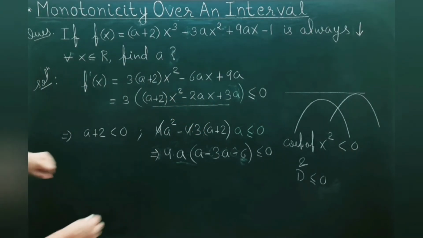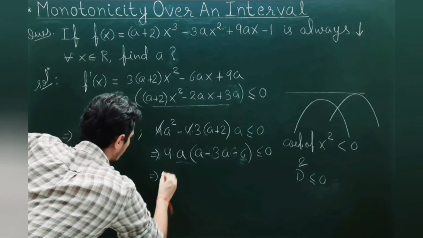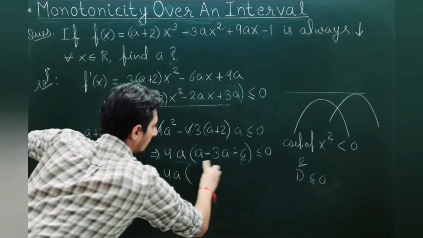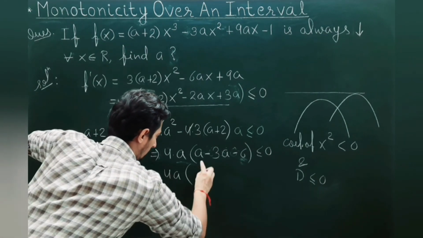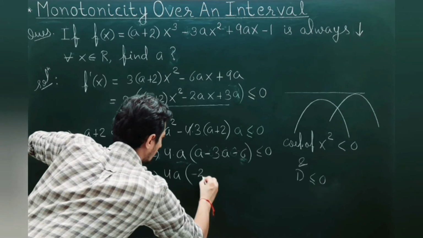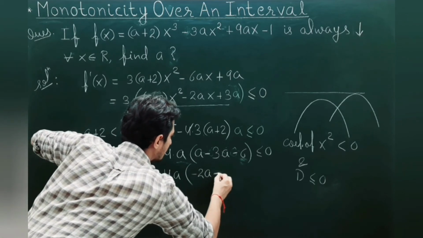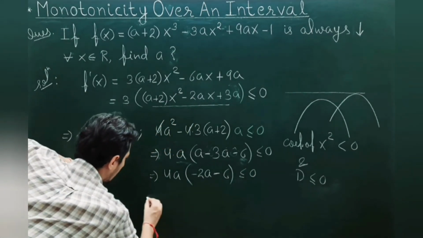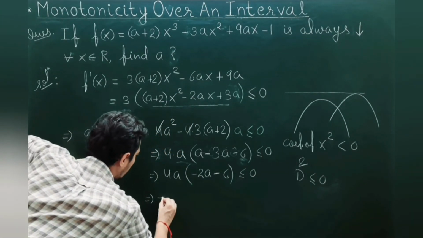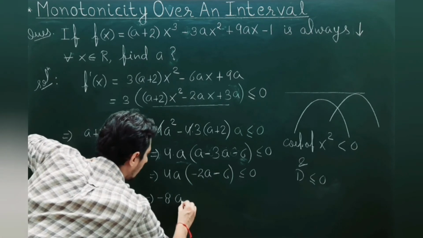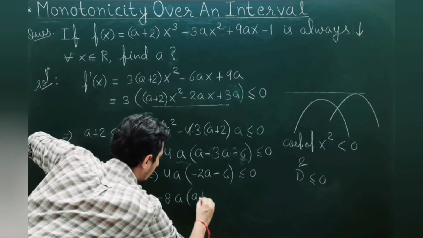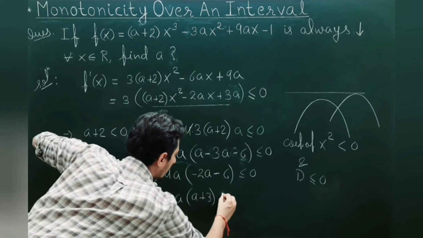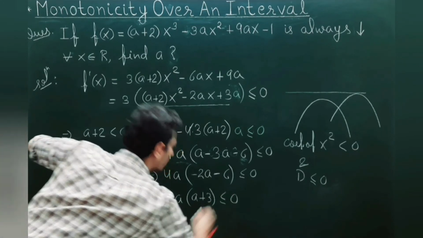So what I have here is 4a, it is minus 2a minus 6 less than equal to 0, taking minus 2 common, minus 8a, and this is a plus 3 and less than equal to 0, right?